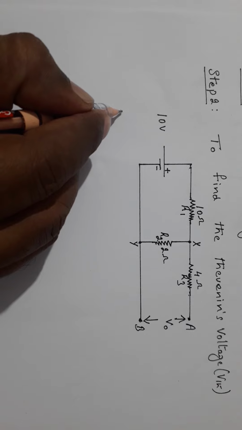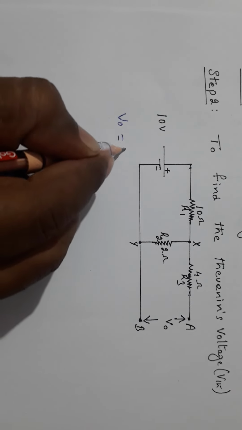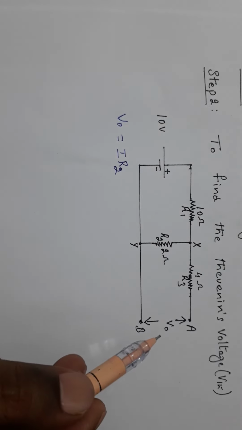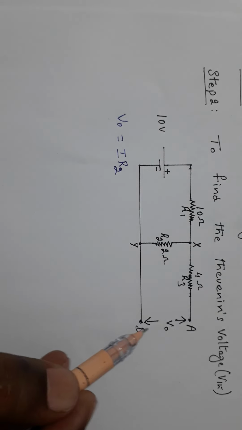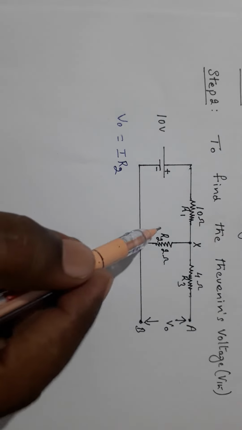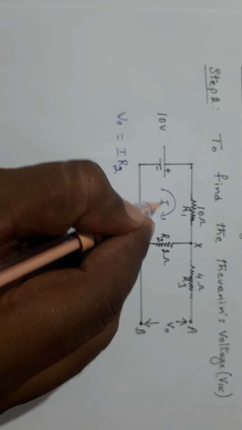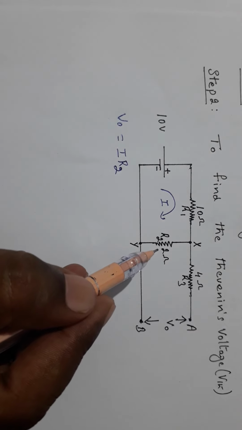Therefore, VO equals I into R2. VO equals VO across the terminals A and B. That means the current I is flowing in this mesh, I into R2.